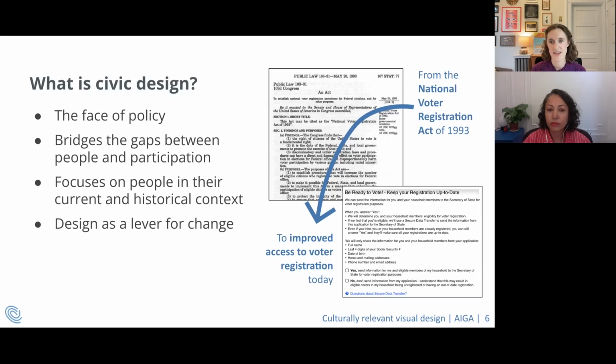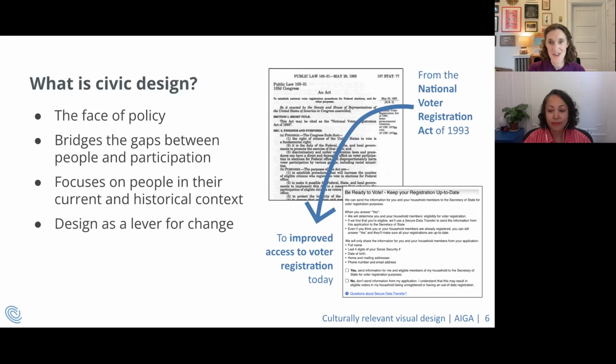We really believe that civic design is a lever for change. And when we see a problem or a gap in people reaching government services or acting on their civic rights, we use our design and research skills to close that gap. When we do civic design, we both make things beautiful and we make them work well so we can have a meaningful difference in people's access to their right to vote.